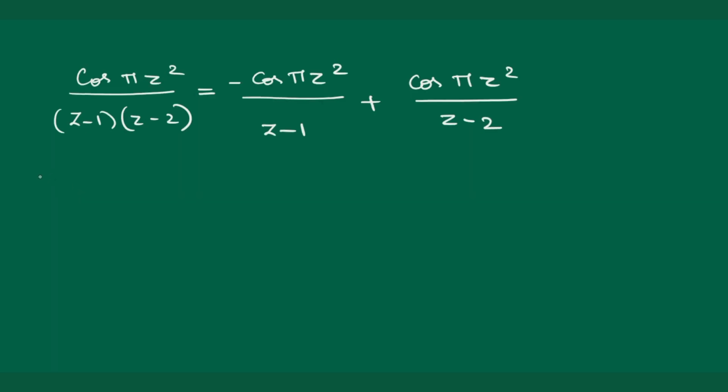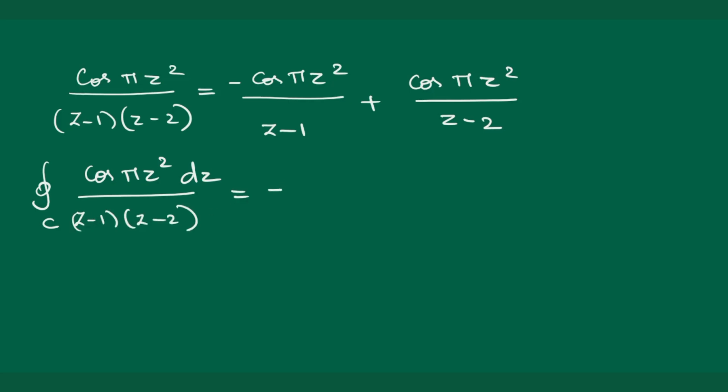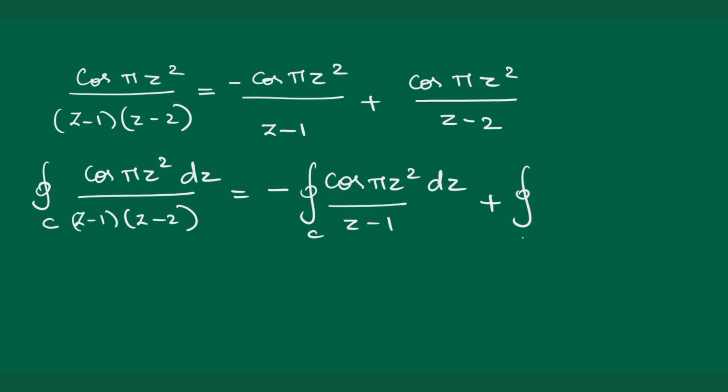Now we have to take integration. Taking integration on both sides, we get minus the integral over the curve C of cos pi z square dz by z minus 1, plus the integral over C of cos pi z square dz by z minus 2.